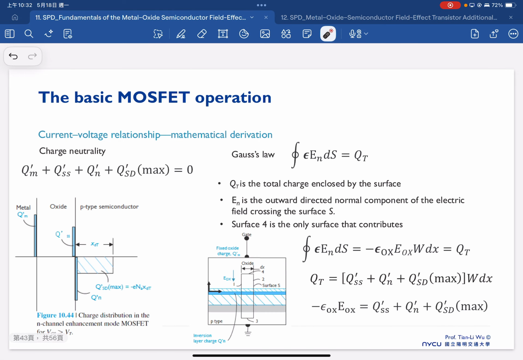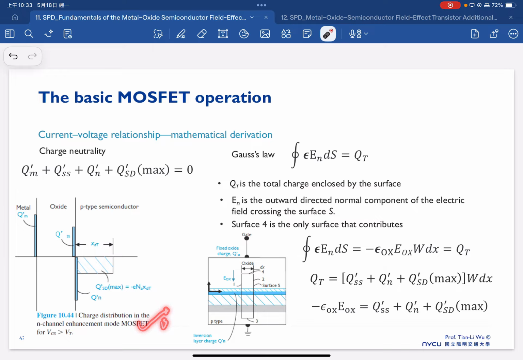So now we consider charge neutrality, because this is the charge distribution in the n-channel enhancement mode MOSFET when VGS is larger than the threshold voltage.